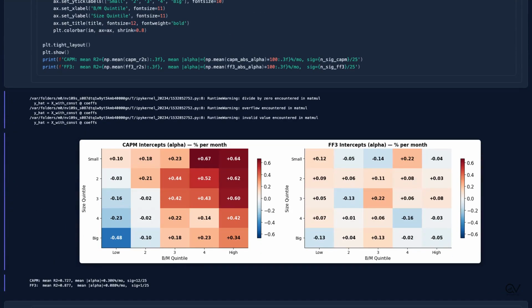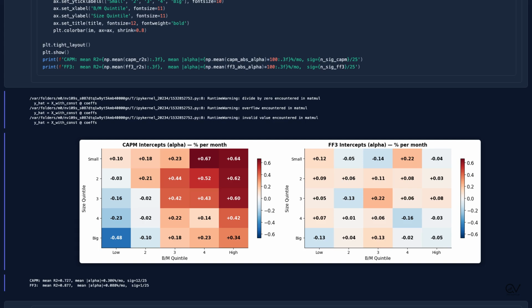Here's the critical comparison. CAPM versus the three-factor model for all 25 portfolios. We run both regressions on every portfolio and plot the intercepts as two heat maps on a shared color scale. On the left, CAPM.